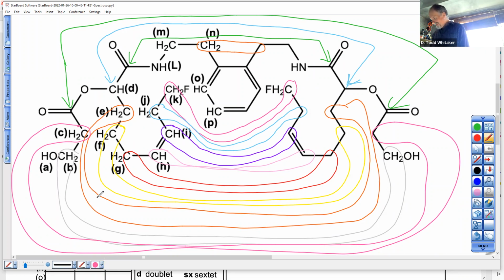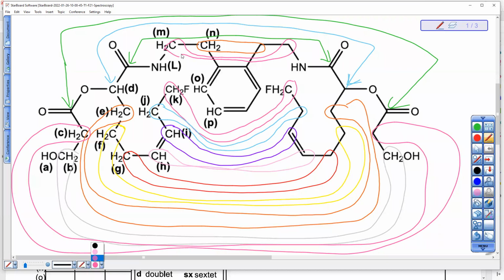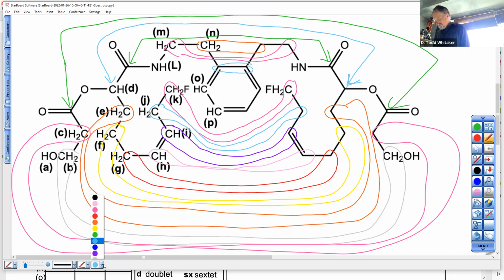It is just 1 point, I think. These two are identical, right here. These two carbons are identical. And these two carbons are identical. And these two carbons are identical.